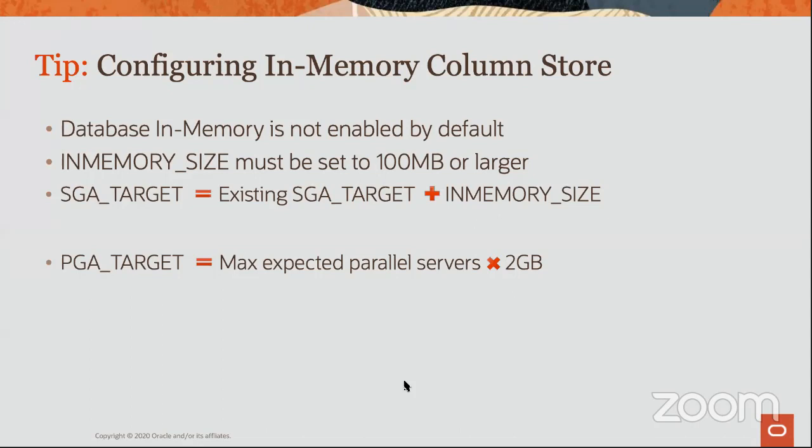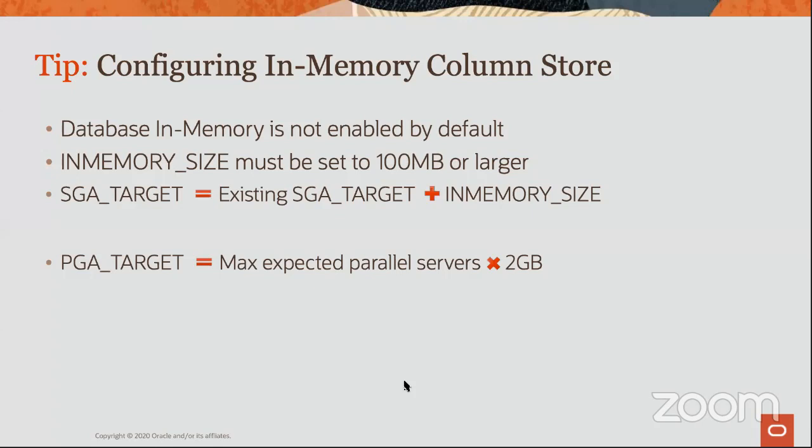In addition, I have the PGA target here. Since we are going to be looking at lots of data, Database In-Memory is really focused on analytic reporting, which means looking through lots of data. You should take into account PGA memory requirements. The maximum for a single process is 2 gigabytes.